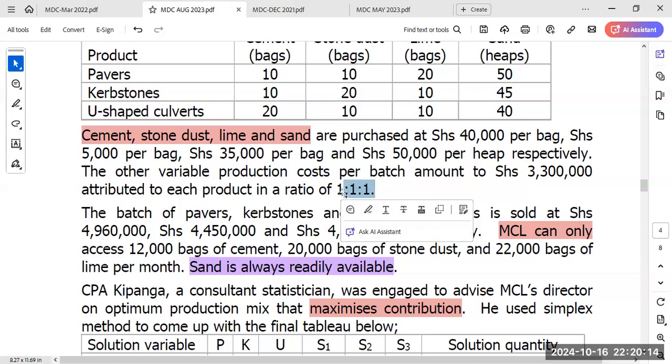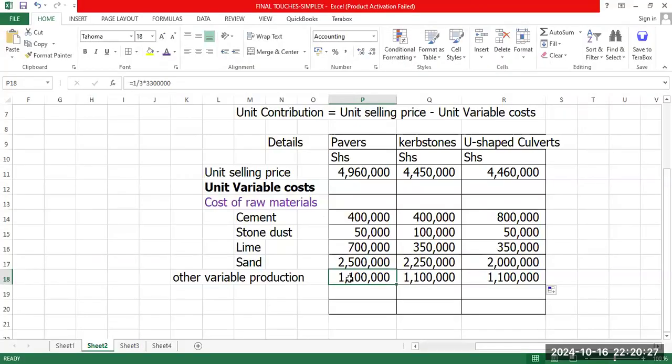So total ratio is 3. So if I get 1 over 3 and I multiply by this amount of money, I will be in a position to get 1.1 million. And you do the same here, because the ratio is 1:1:1. Even here it is 1 out of 3 times 3.3 million. Is it clear?